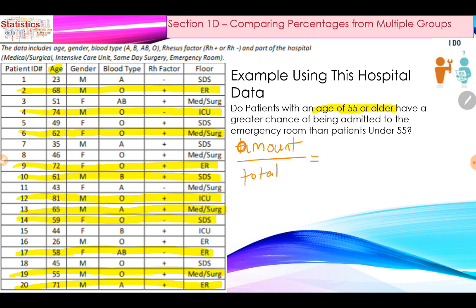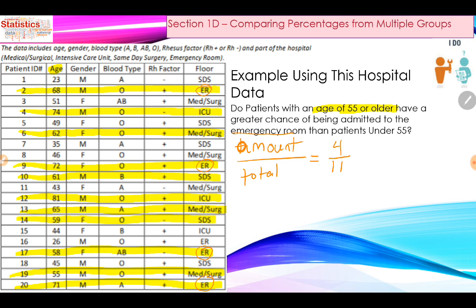So the total size of that group, the 55 and older group, is 11 of those patients. Now, how many of those went to the ER? Let's see. 1, 2, 3, 4. So 4 11ths of the 55 and older patients went to the ER.